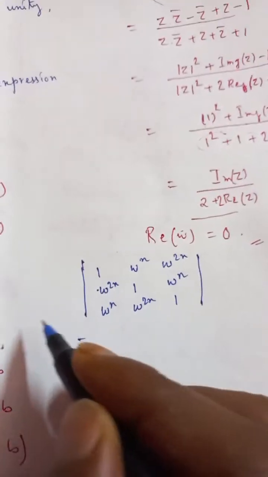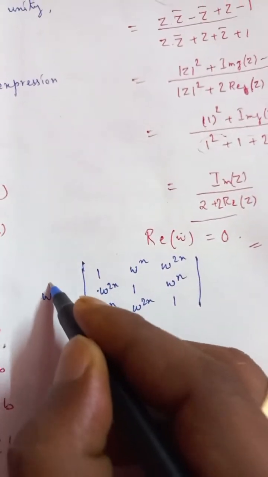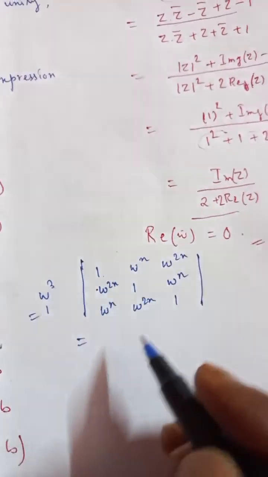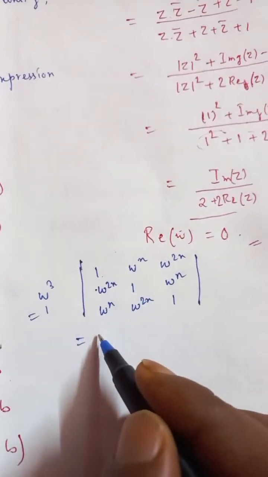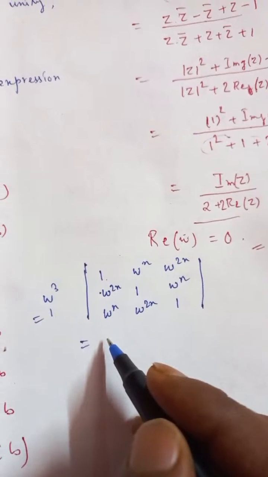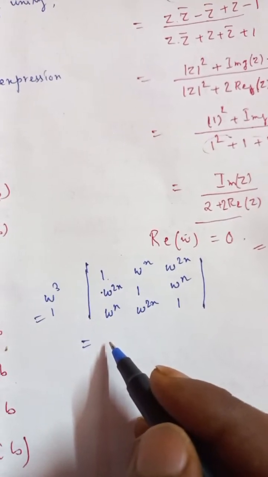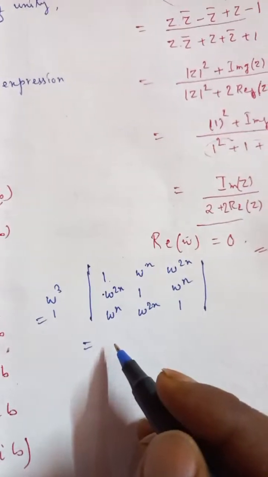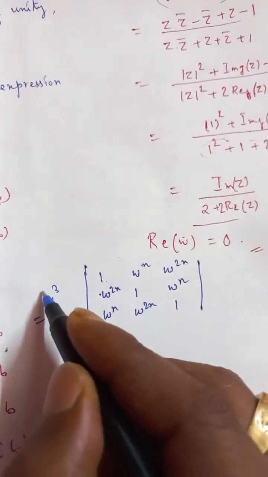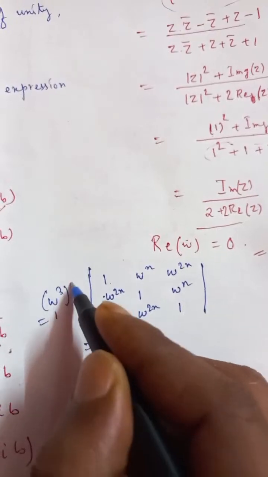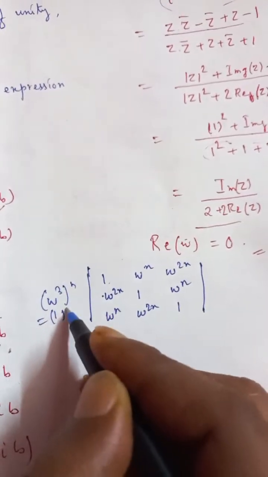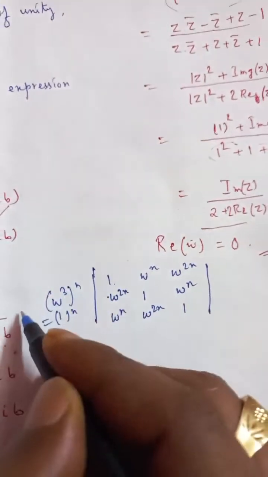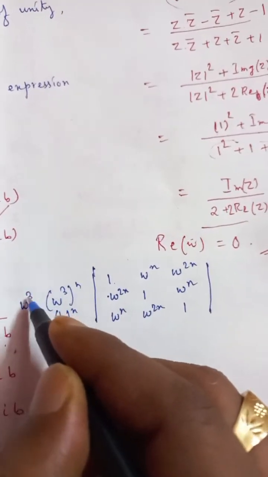We know that omega cube is equal to 1. So we replace 1 by omega cube. And omega cube whole to the power n is 1 to the power n, which is also 1. This can be written as omega 3 to the power n.